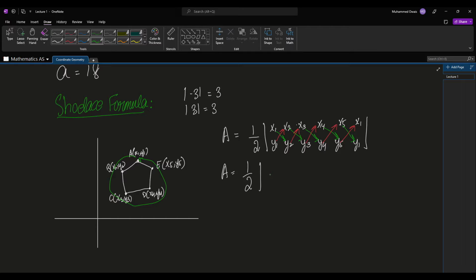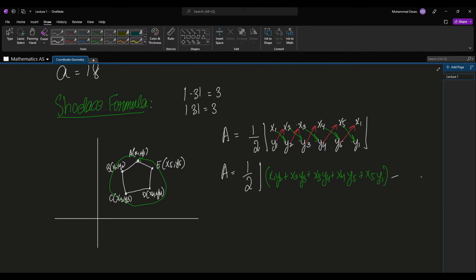So this comes as x1 y2, and by the way, we add all the green ones together: x1 y2 plus x2 y3 plus x3 y4 plus x4 y5 plus x5 y1. Now then, we make a bracket around them.